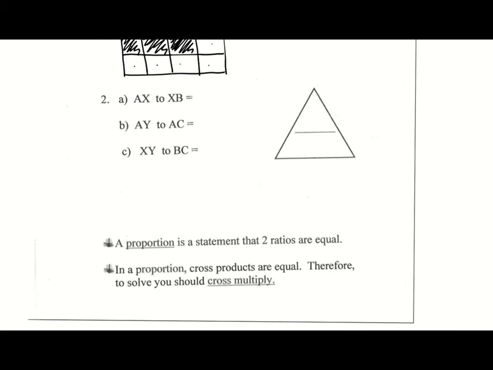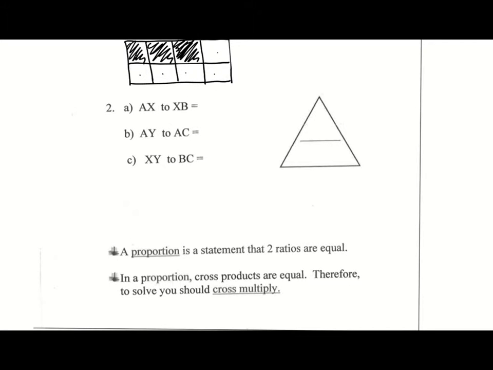Okay, let's look at another example of ratios. So in this example, we're looking at triangles. I'm going to label some information on our triangle here. So I'm going to call this A, B, and C, and X and Y. I'm going to say that this segment here, let's just draw it all the way across, is 8.